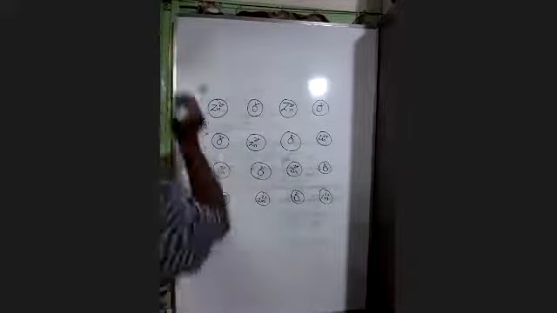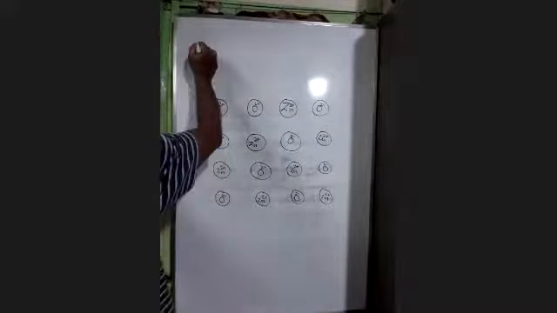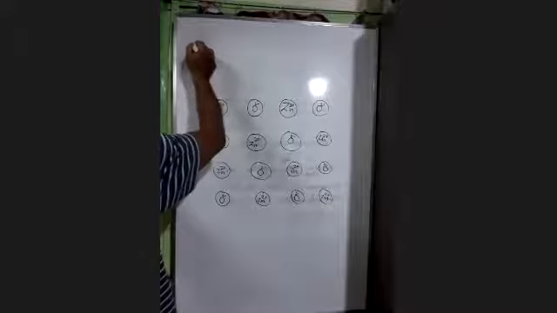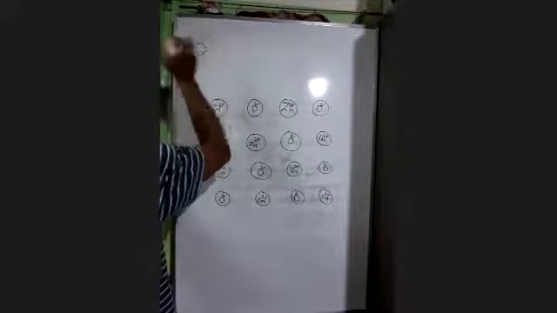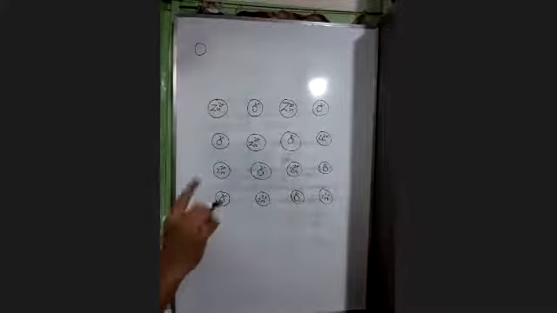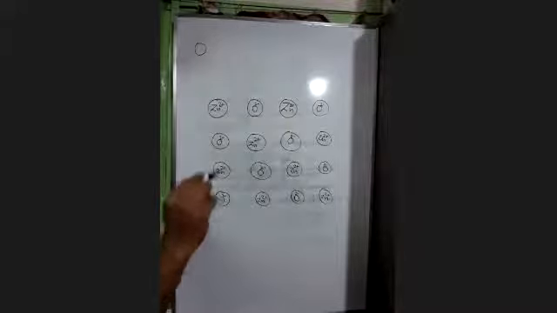When we've heated it, see here, O2 minus. Oxygen has how many electrons in the outermost shell? Oxygen's atomic number is 8, so its electronic configuration is 2, 6.